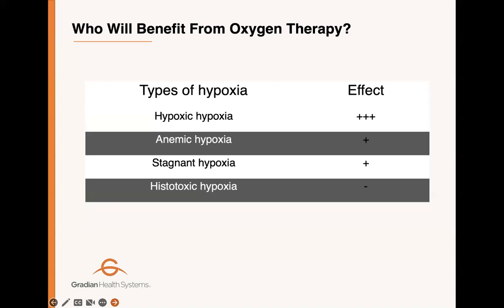But in anemic hypoxia, you have to correct anemia first. In stagnant hypoxia, you need to correct the low cardiac output states, and in histotoxic hypoxia, you need to correct the injury of tissues and cells so that your oxygen can be effective when you give it. Next slide.